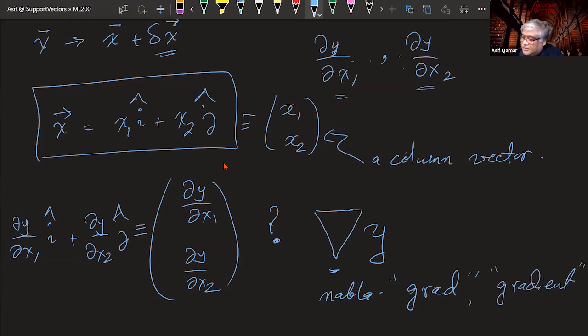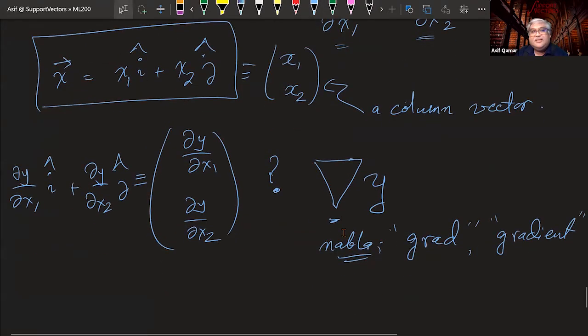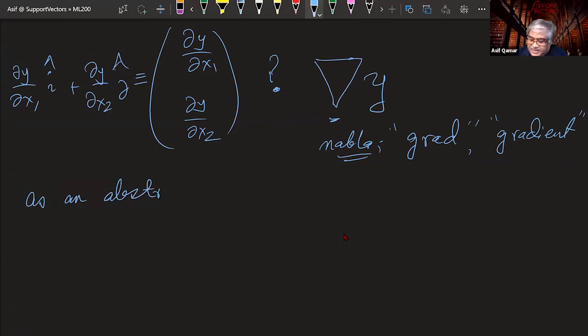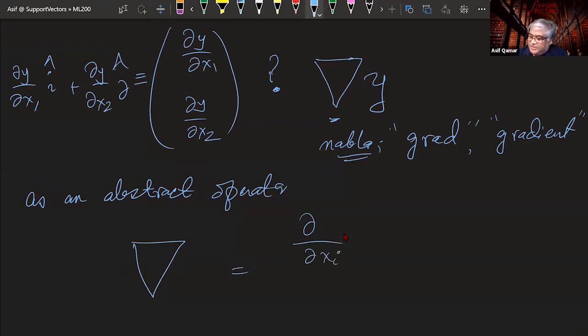These words are all used. Nabla is the Greek letter. So it's the nabla of y, called the gradient of y. And more generally, people can just write it as an abstract operator, an operator that is waiting to eat something.